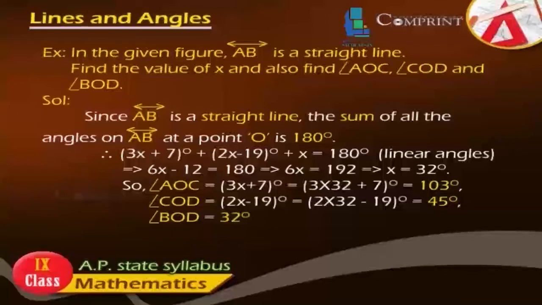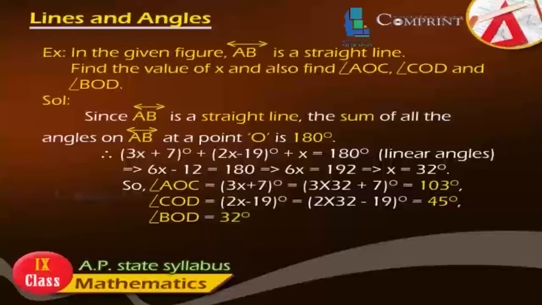Implies 6x is equal to 192. Implies x is equal to 32 degrees. So, angle AOC is equal to 3x plus 7 degrees. Here, on substituting x is equal to 32, we get 3 into 32 plus 7 degrees is equal to 103 degrees.